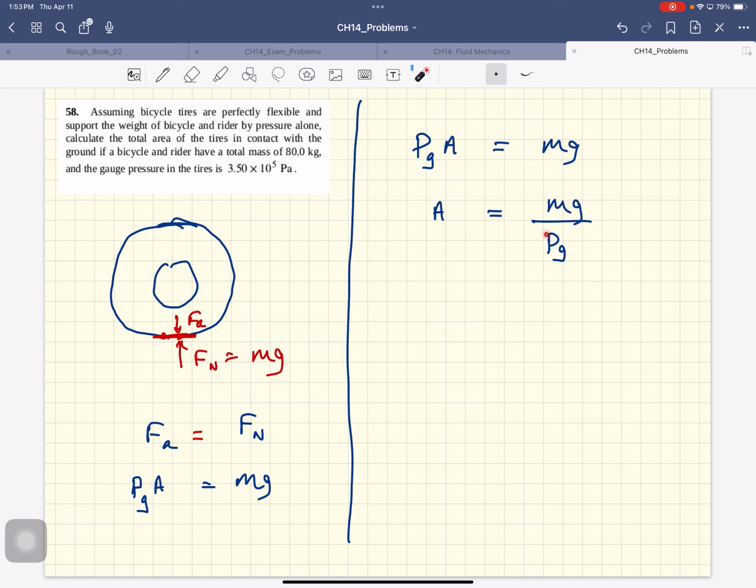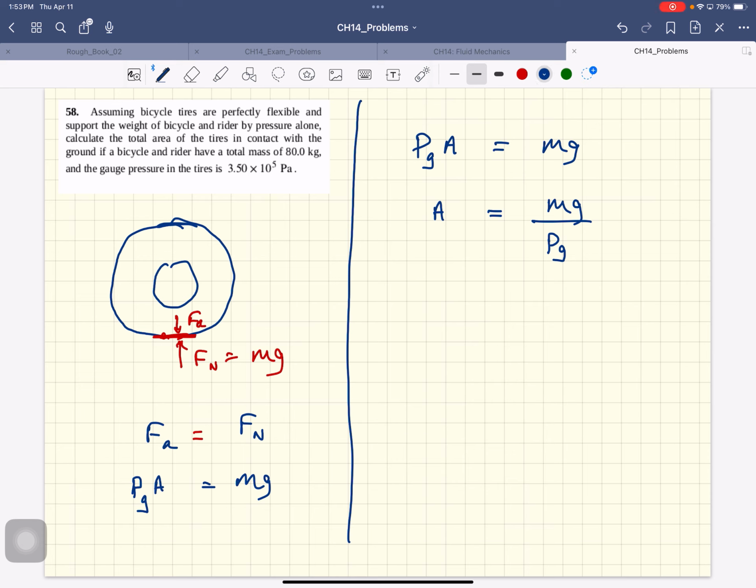So there's only so much pressure you can put on the tires. The greater the load, if this is the same, the area has to be greater. The only way you're getting more area is by putting more tires. Whenever you're supporting heavier loads, you're increasing the area, and the only way you're increasing the area is slapping more tires on.